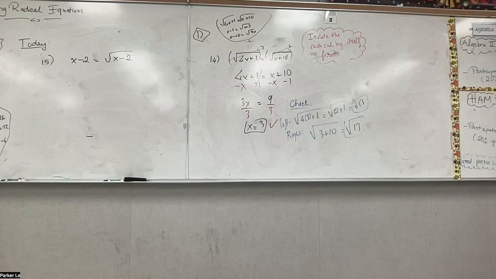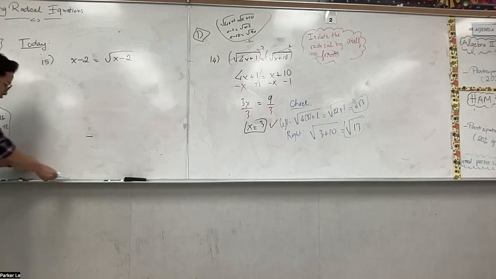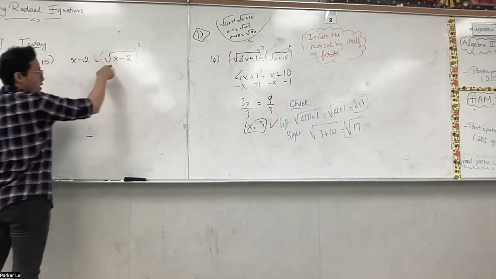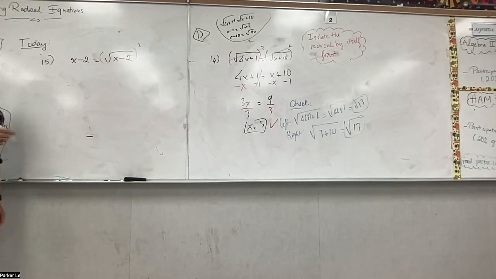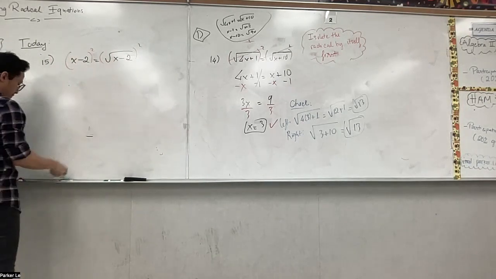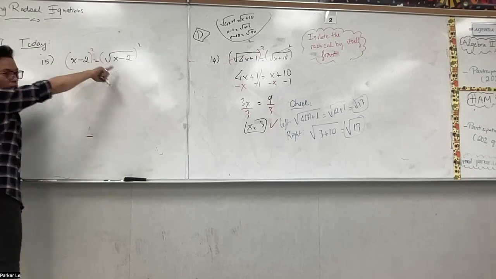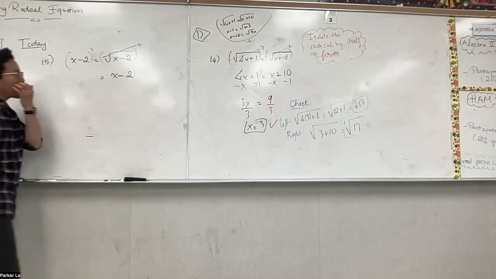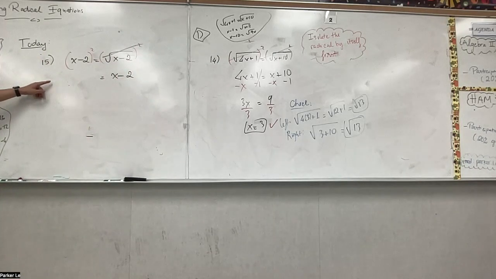Okay, what do we need to do? You square it, very good, because the radical is already by itself. Let me do the right side first, the square and the square root cancel out, so I have x minus 2. What do we have on the left?